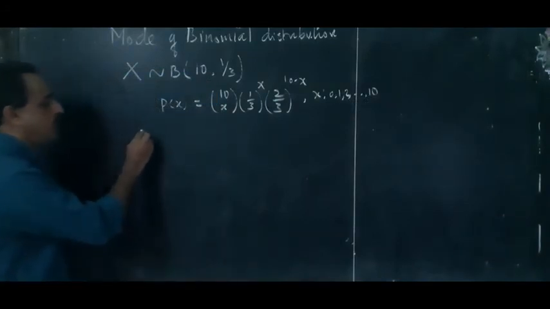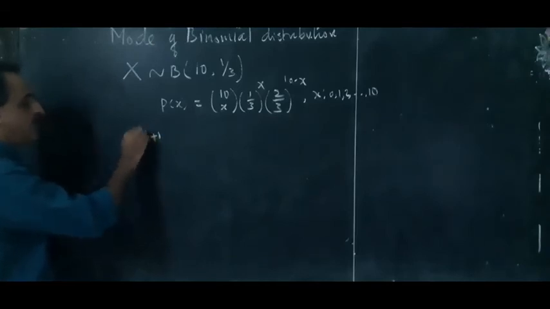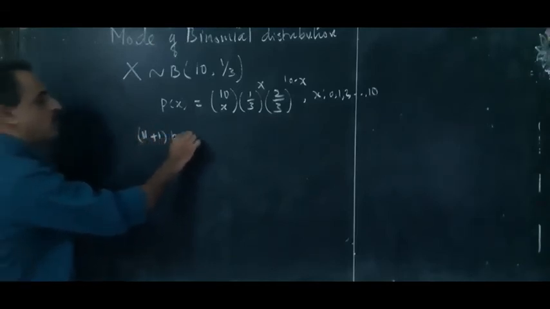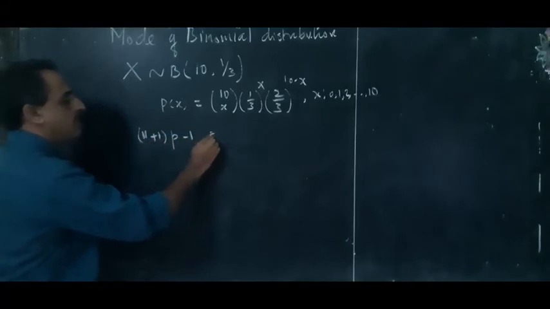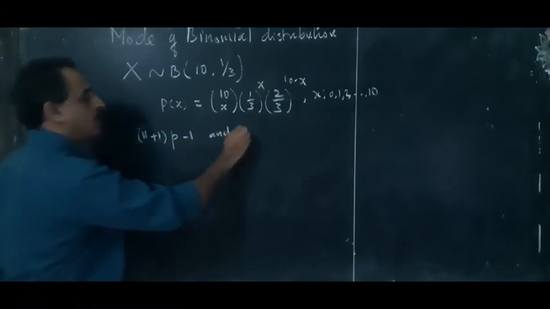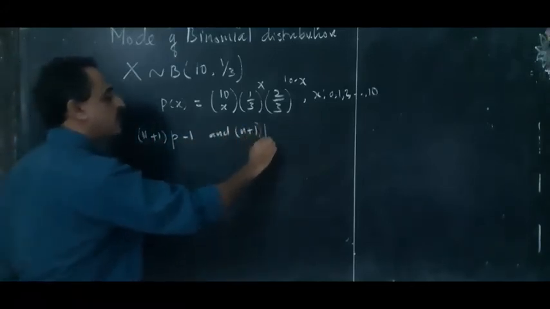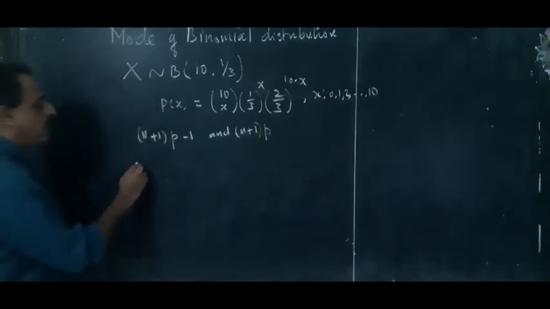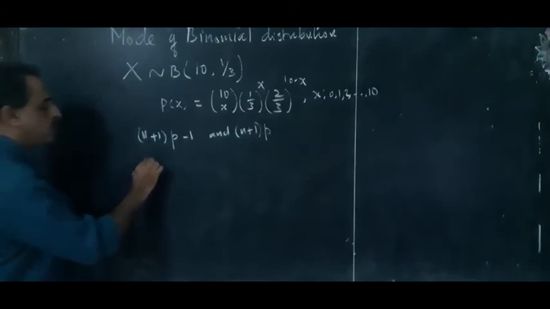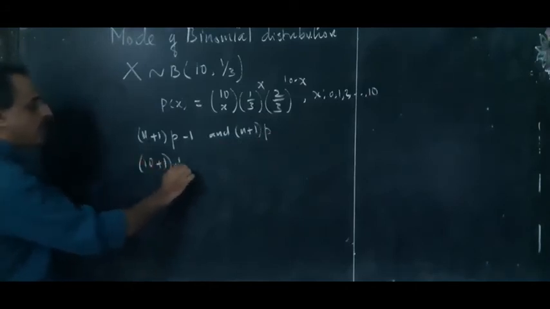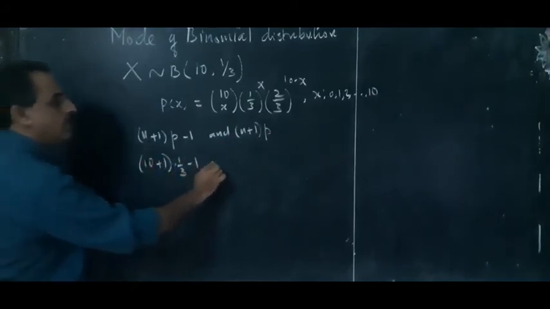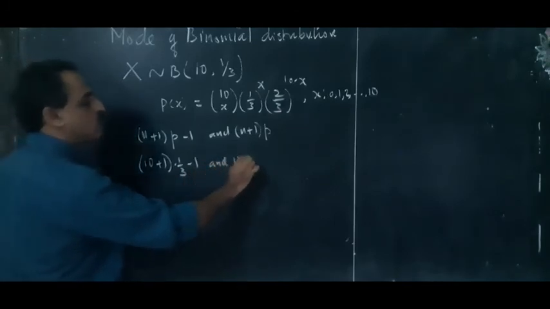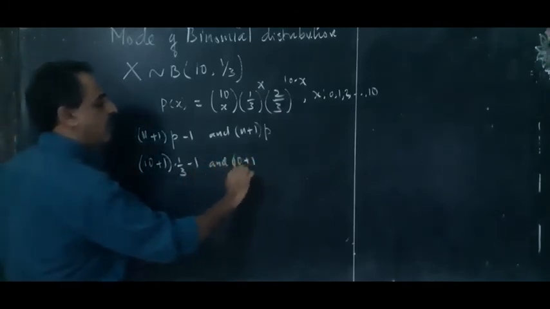We found that the mode of the binomial distribution lies between (n+1)p − 1 and (n+1)p. So using this, we see that here the mode will lie between (10+1)(1/3) − 1 and (10+1)(1/3).